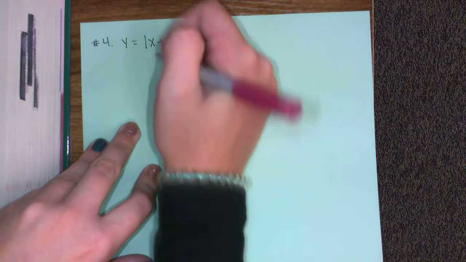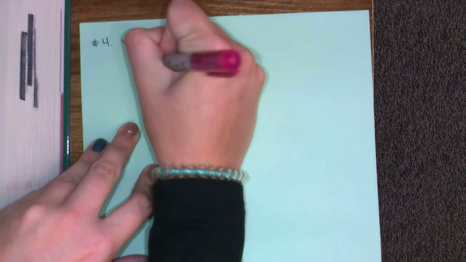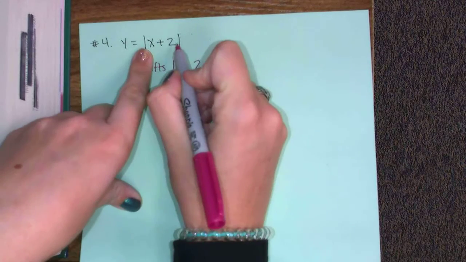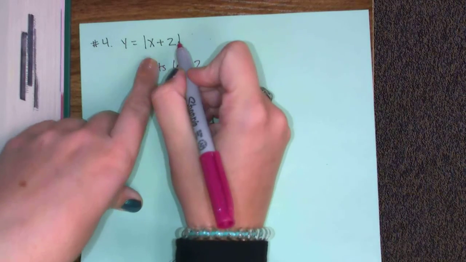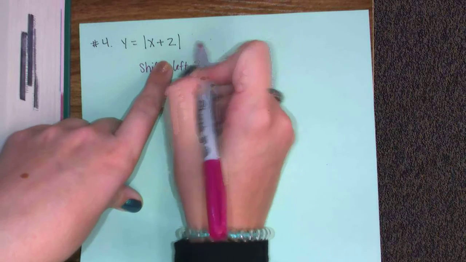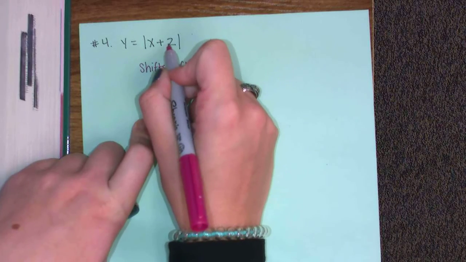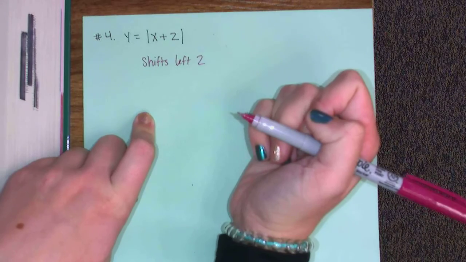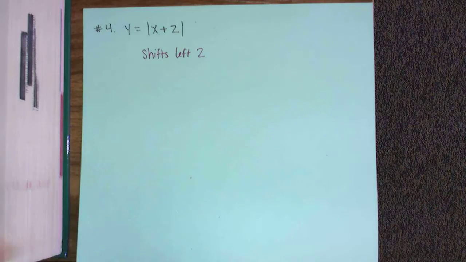Left 2, okay? If it's inside the absolute value, it goes opposite of the sign. If it's outside, it goes the same direction. So this one is plus 2, meaning I'm going left, and I'm going 2. Yep, that's all you have to do.